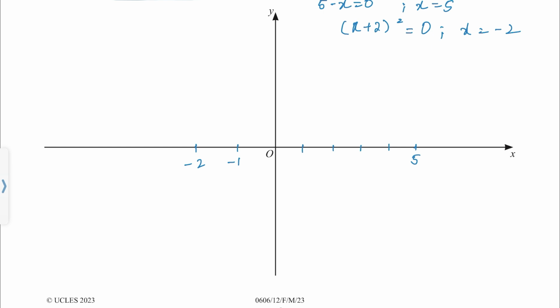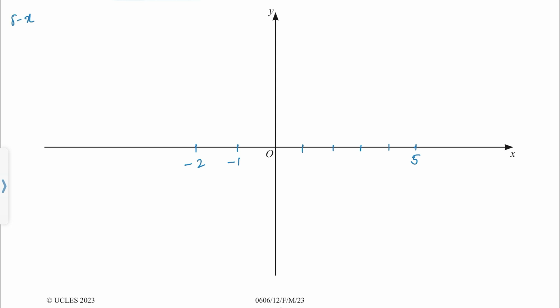Now, moving on, we need to calculate when x equals to 0, what the value of y would be. So for x equals to 0, let me just simply erase this so we can get an idea what we will be having.